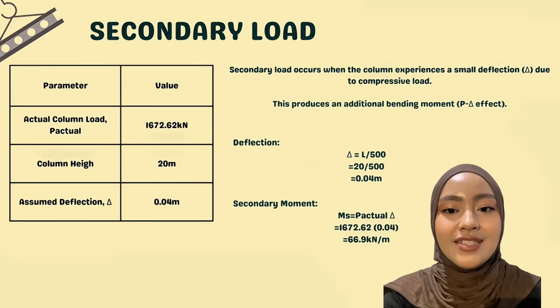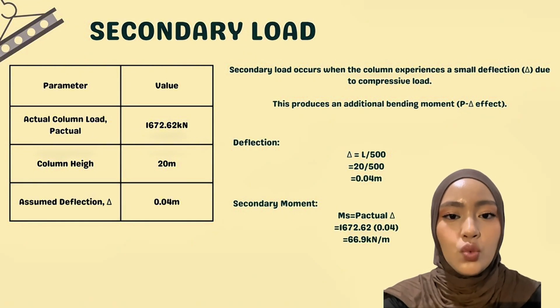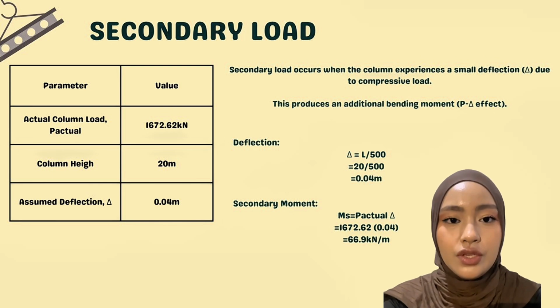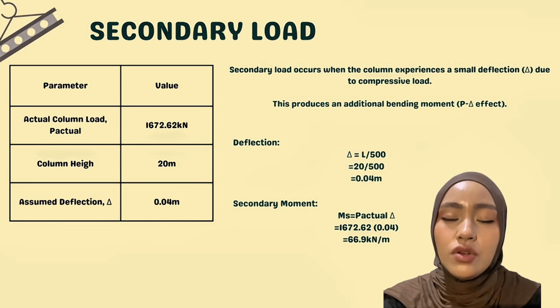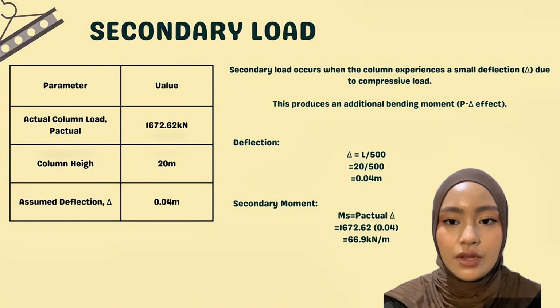This slide presents the secondary load analysis. Secondary load occurs when the column experiences a small deflection due to the applied compressive load, creating an additional bending moment known as the delta P effect. Based on the column height of 20 meters, the assumed deflection is 0.04 meters.